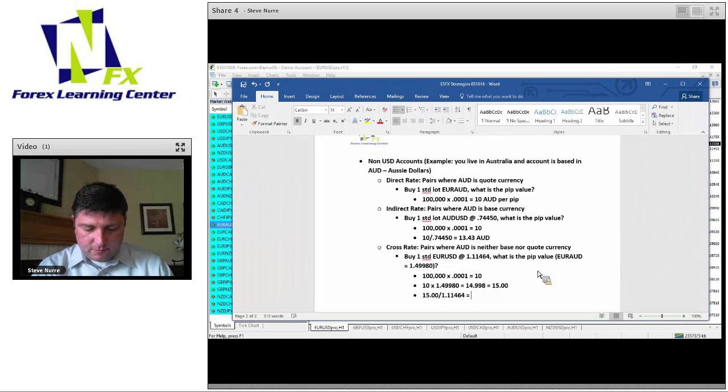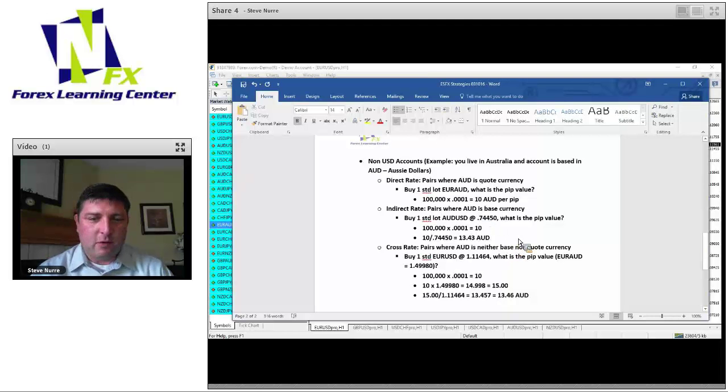So 15 divided by 1.11464 comes to 13.457, or roughly 13.46. They've moved a couple of pips, so it's roughly going to be the same as the Aussie US dollar pair.